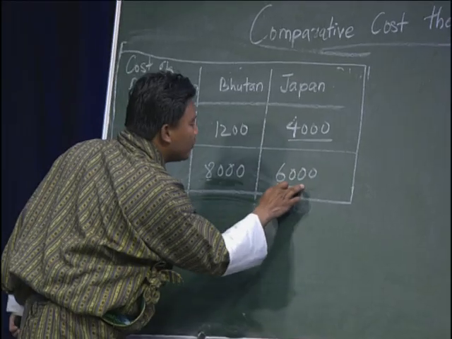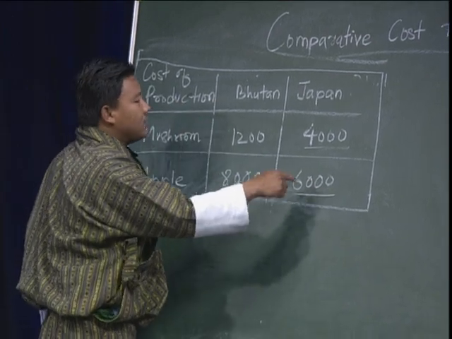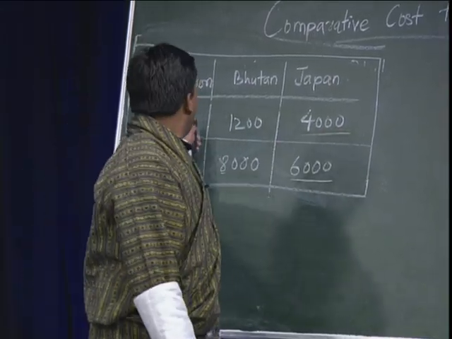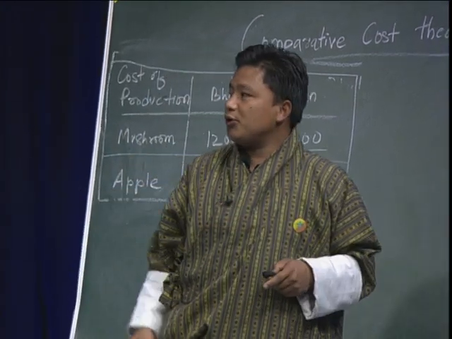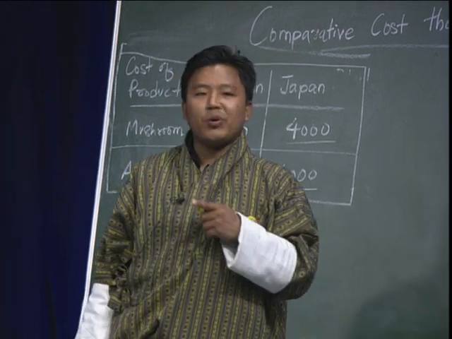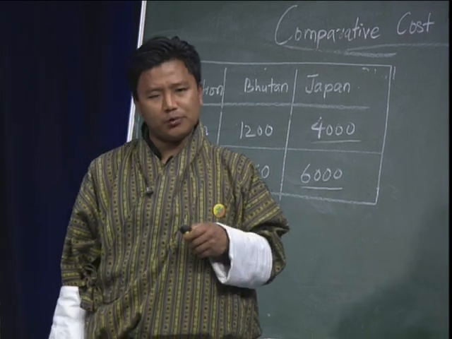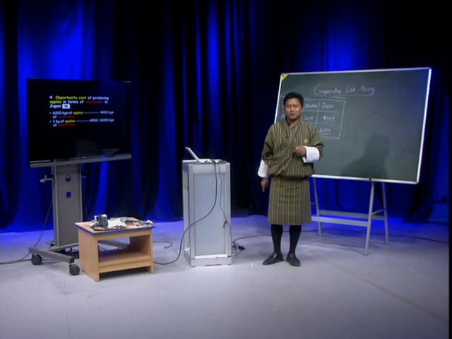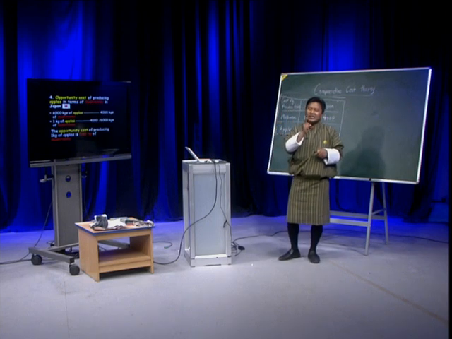In order to produce 6,000 kg of apple in Japan, the country has to sacrifice 4,000 kg of mushroom. In order to produce 1 kg of apple, the country has to sacrifice 0.66 kg of mushroom.